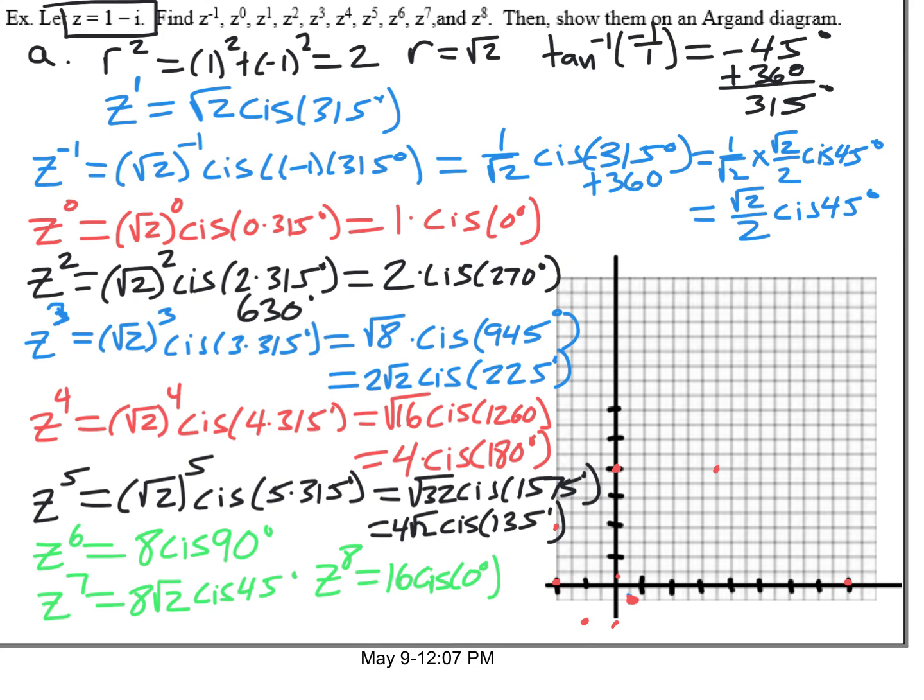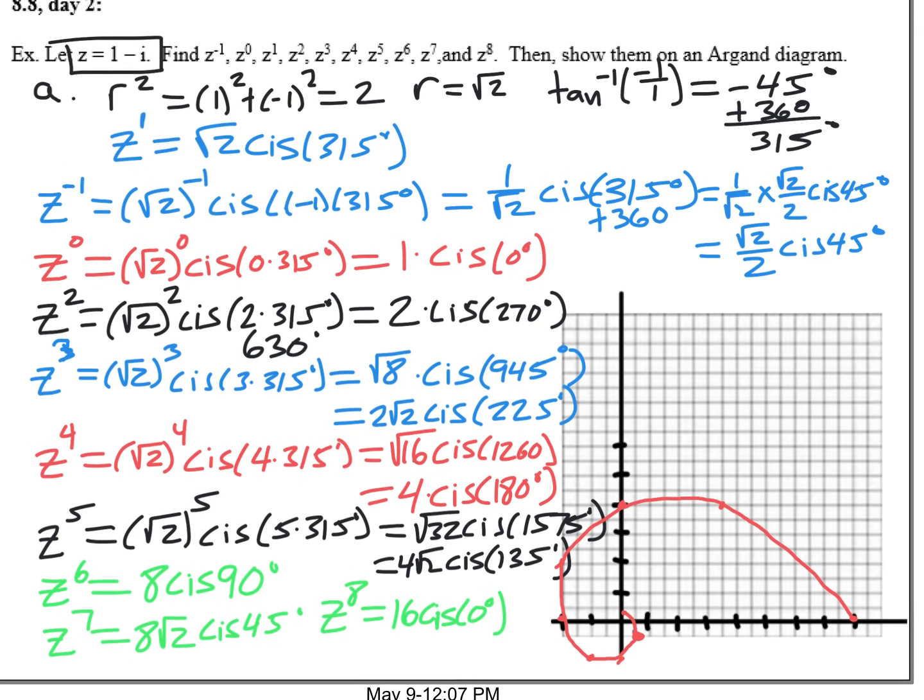So -1 was down here, and here's what happens on the graph as we take these powers. We went to here, to the 1st, 2nd, 3rd, 4th, 5th, 6th, 7th, and 8th. It makes a spiral, almost looks like half a seashell, but that's what's happening graphically as we keep upping the power higher and higher.